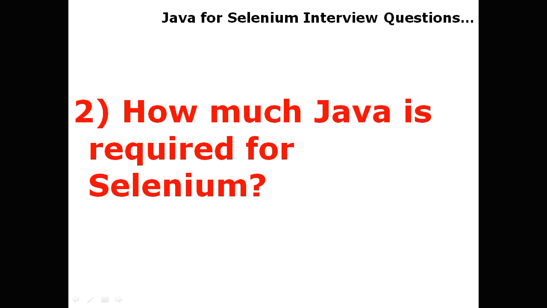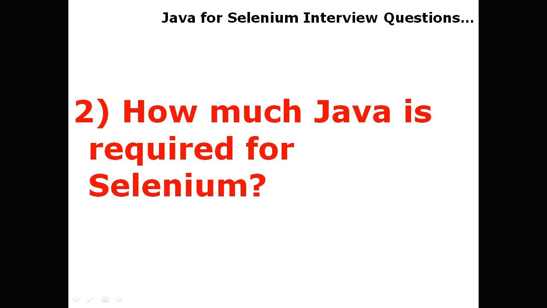In Java Standard Edition or Core Java, what are the important programming concepts for our Selenium? Java language elements, data types, modifiers, variables, operators. Next, control flow statements like conditional statements, loop statements, and branching statements.